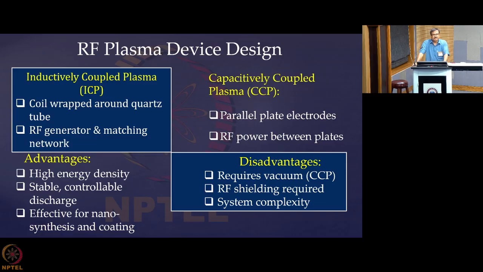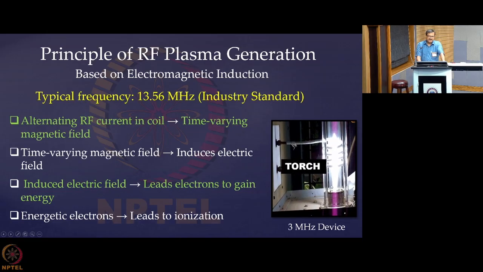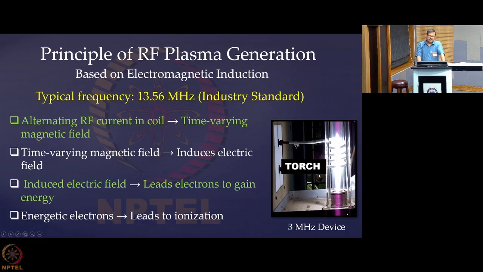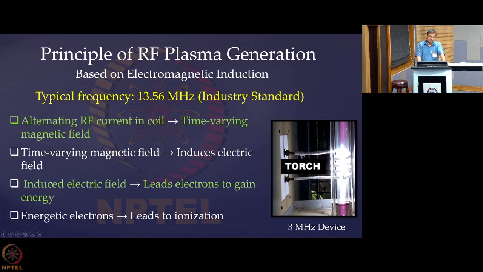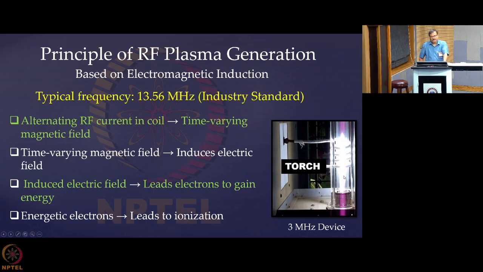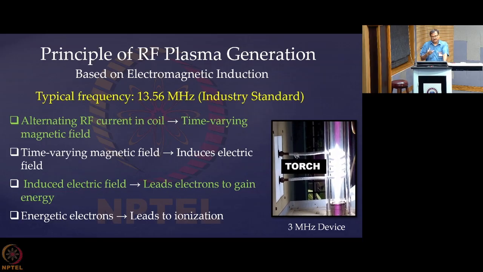But in the high pressure regime, what you have just seen in our previous slide, this kind of RF plasma will be generated. This is at atmospheric pressure, and the temperature inside may be around 10,000 Kelvin or so, and it is held inside a double walled quartz tube, with chilling water passing through in between.